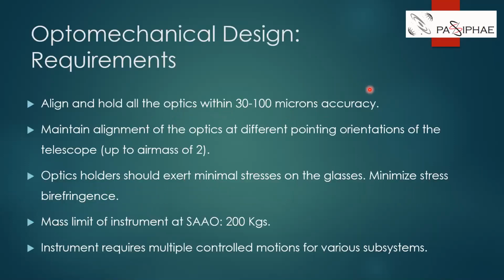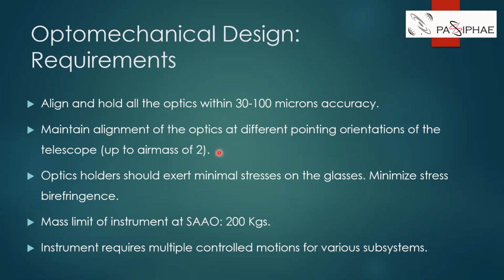So what are the requirements for the optomechanical design? Through the tolerance analysis in Zemax software, we arrived at the alignment tolerances, and they come out to be between 30 to 100 microns for different optical elements. So whatever the optomechanical design is, it should be able to align and hold all the optics within 30 to 100 microns accuracy.